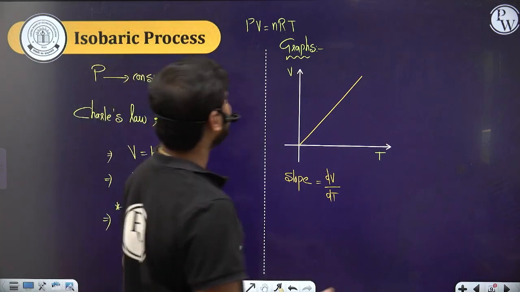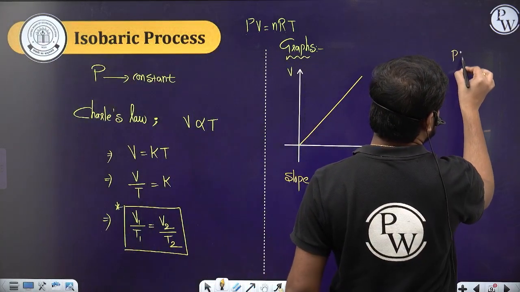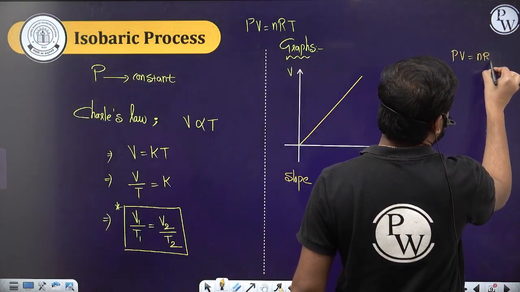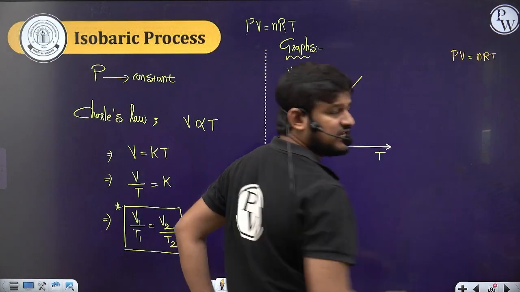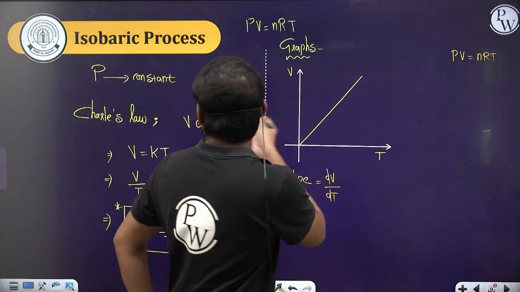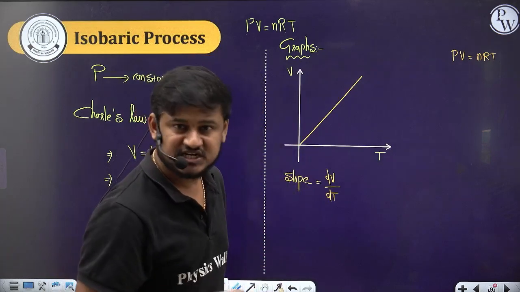Now if you observe the ideal gas equation, PV is equal to nRT. If I differentiate either side, P is already constant, since in an isobaric process the pressure is constant.